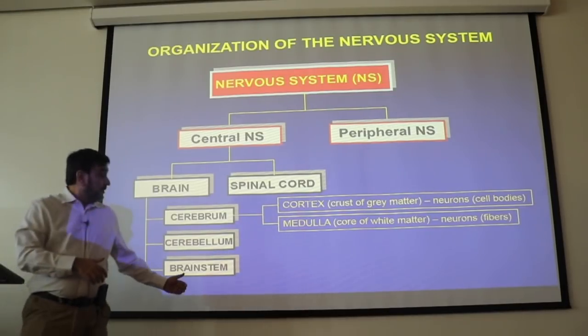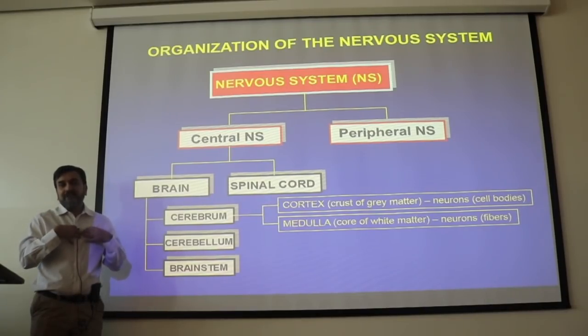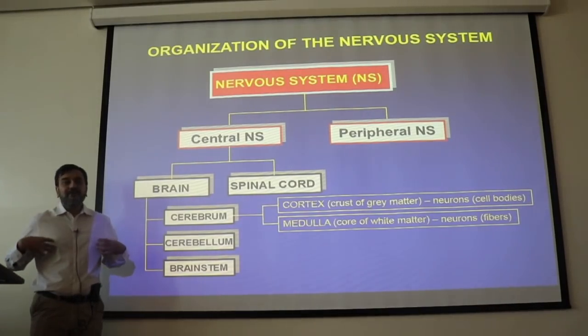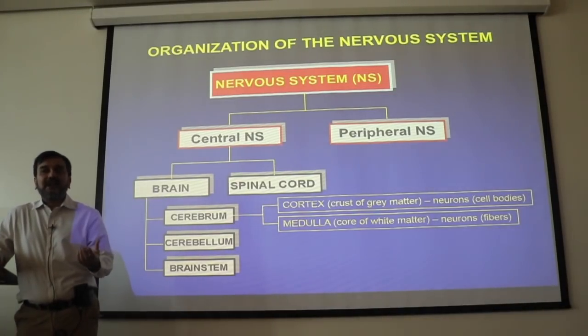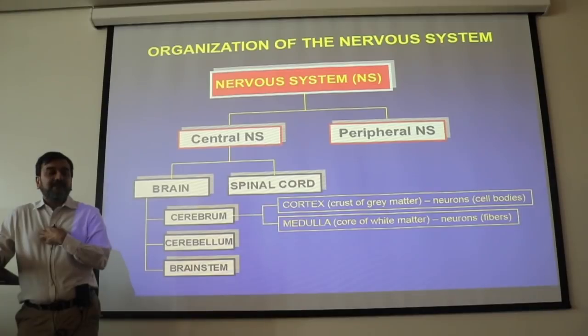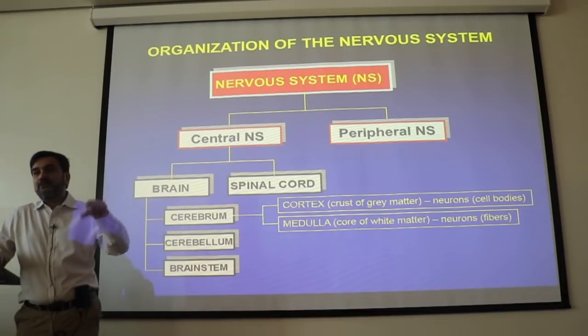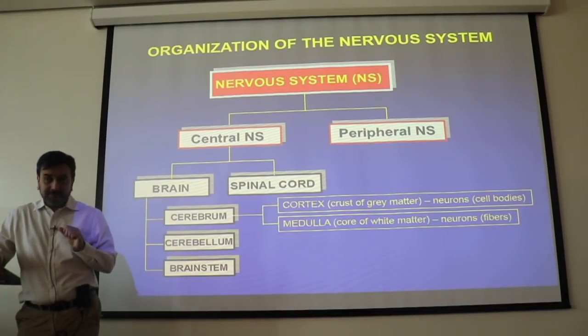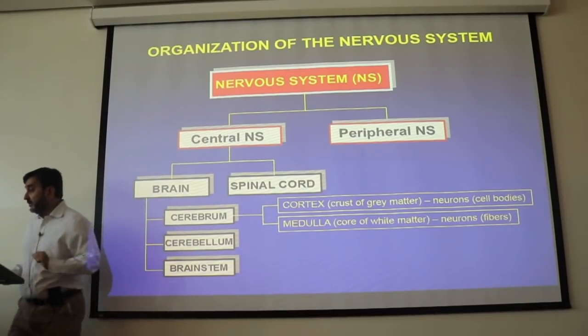The brainstem also has some very important autonomic functions, like controlling the heart rate and the respiratory rate. So if the brainstem is damaged, you might end up in cardiac arrest and respiratory arrest. So the cardiac centers and respiratory centers are also present in the brainstem. That's why the brainstem is important.